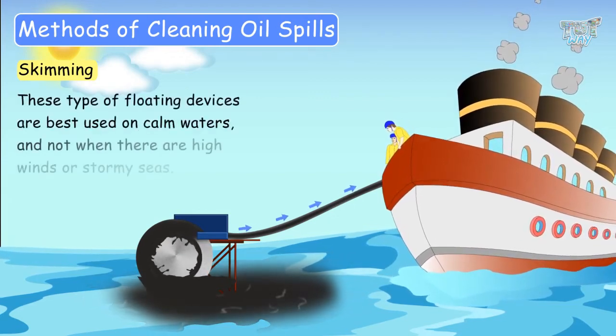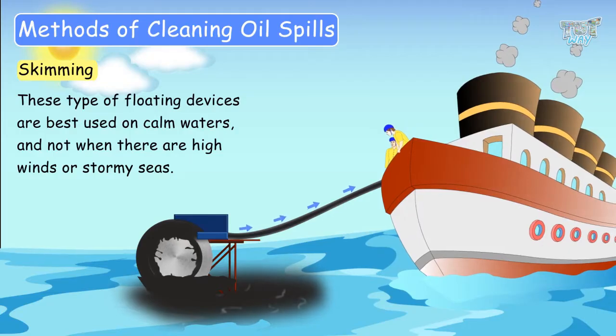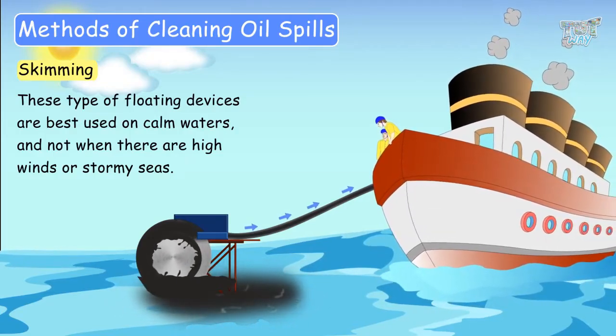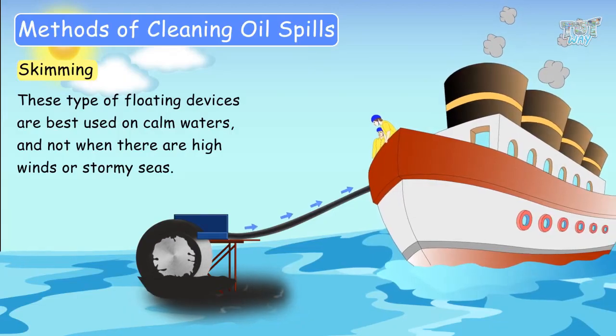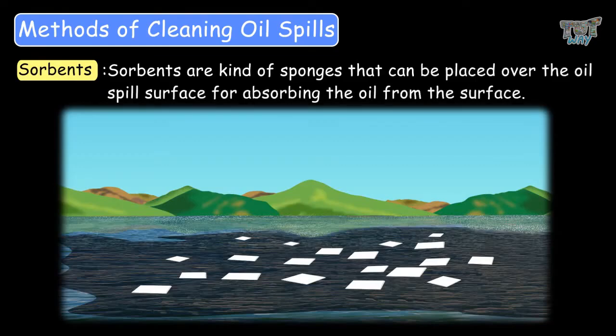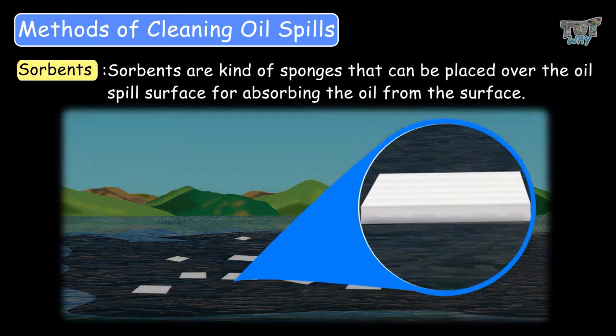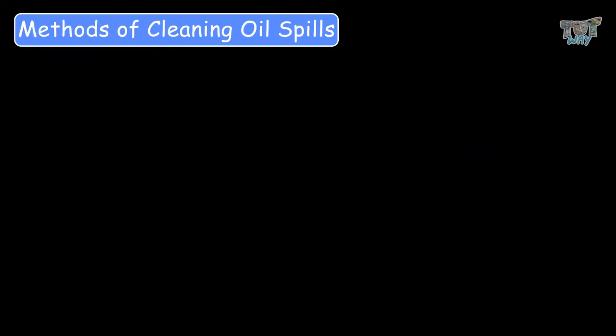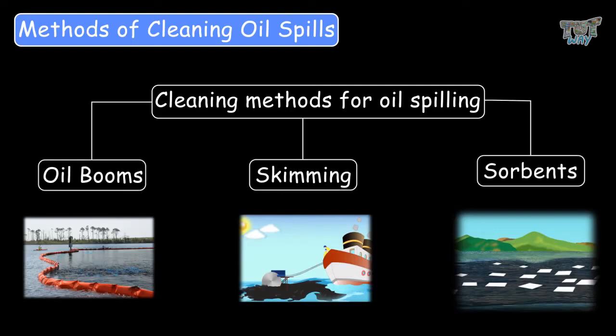These types of floating devices are best used on calm waters and not when there are high winds or stormy seas. Another popular method is using sorbents. Sorbents are a kind of sponge that can be placed over the oil spill surface to absorb the oil from the surface. These are the three methods involving the physical equipment to deal with oil spills.